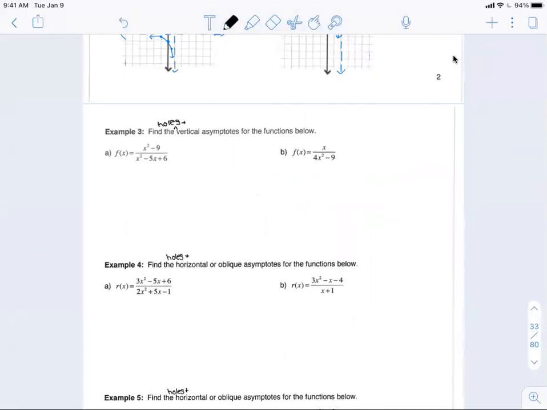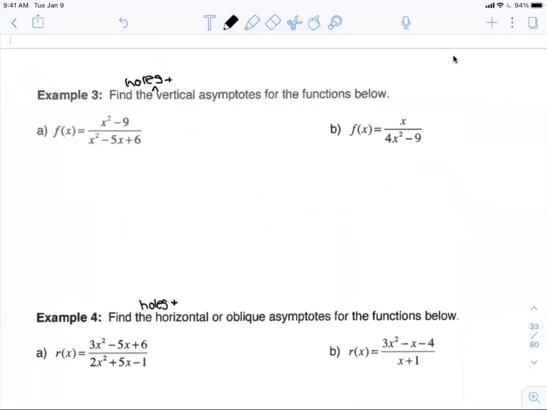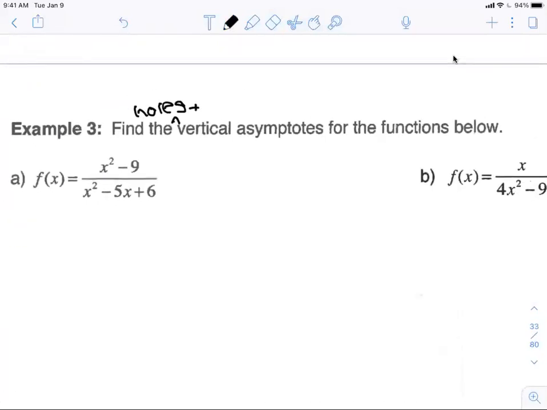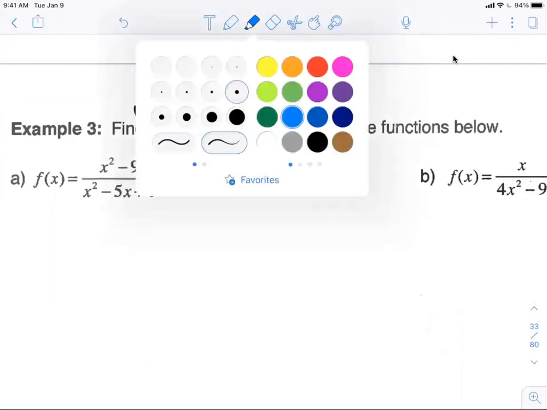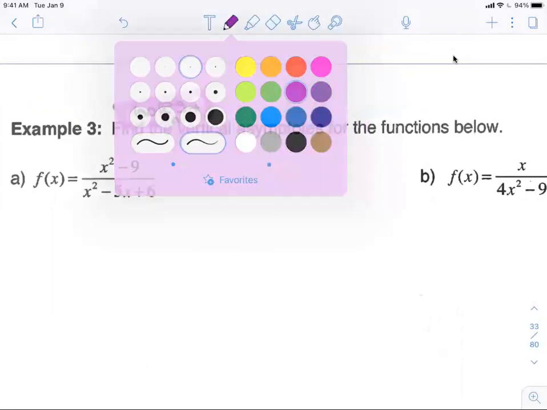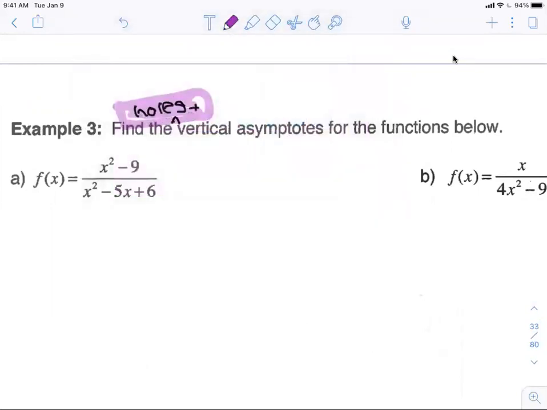So what we're going to have to do for this one is we have to go ahead and put it in lowest terms and set denominator equal to 0 and solve. Okay. And if you want to go back and look at holes, holes are factors that cancel.